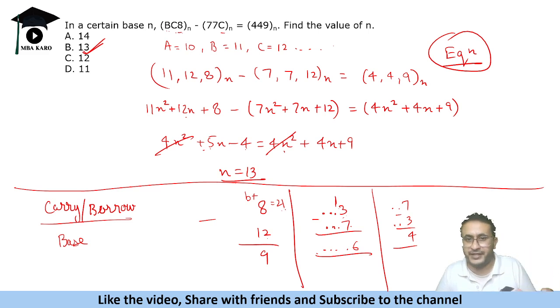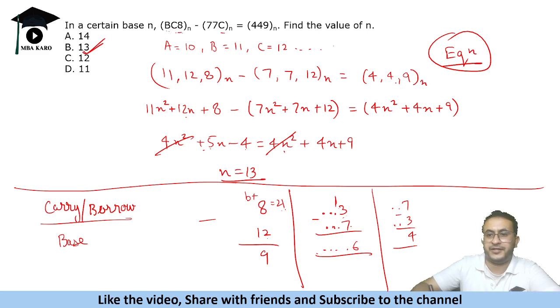If you have to add two numbers, suppose we need to add 449 and 77C, let's learn both ways. We have to add 77C and find the number that we will get. So 9 plus C, which is 12, is 21. We cannot write 21, so we will write 8.